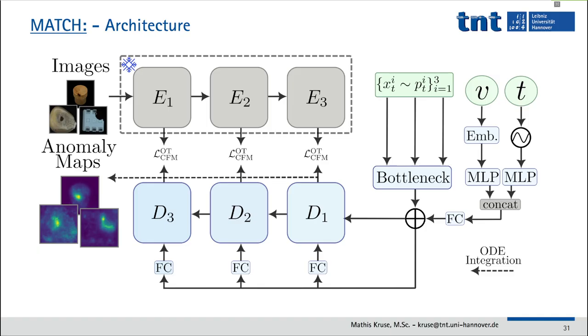This all gets fed into a bottleneck and MLP layers, and they get brought to the decoders D1 to D3, which then again decode these feature maps, and we can calculate our flow matching loss. Using the ODE integration backwards in time, we can go from image space to Gaussian space to measure likelihoods.